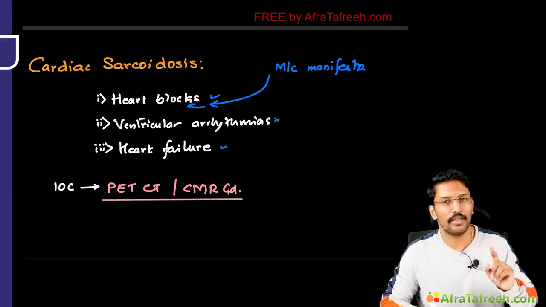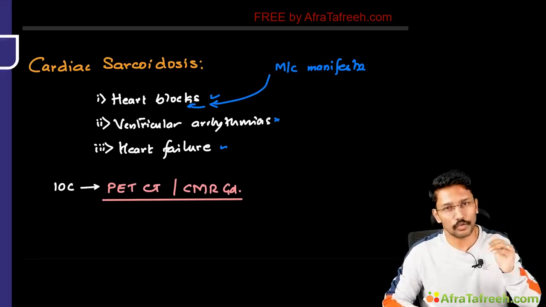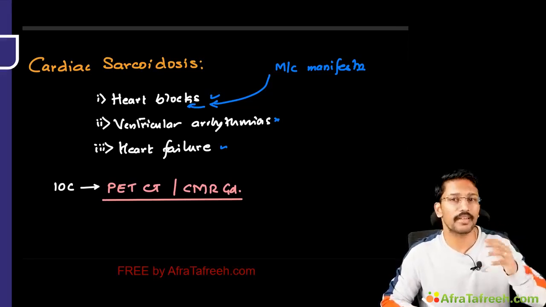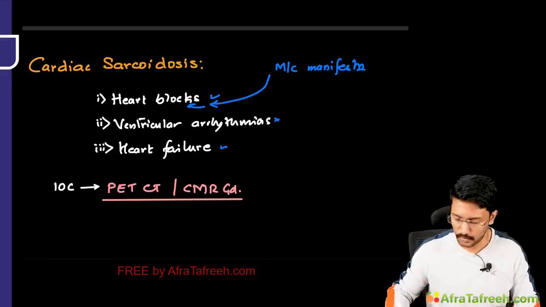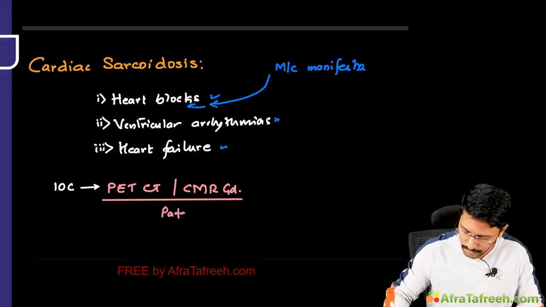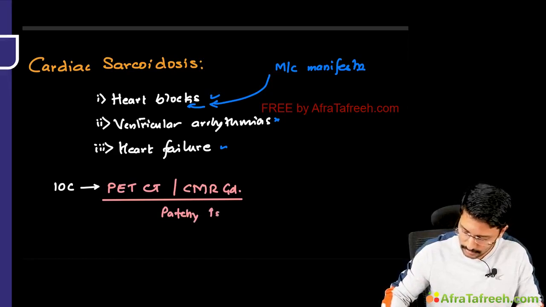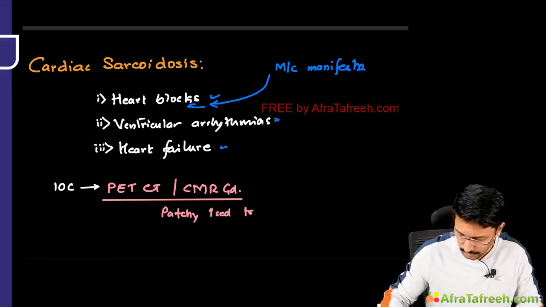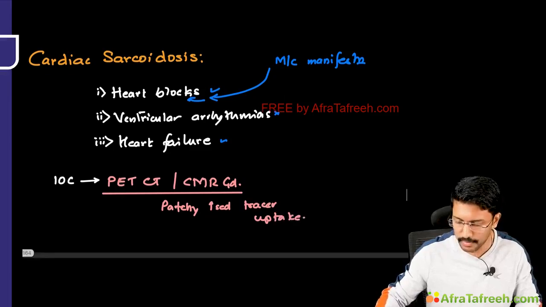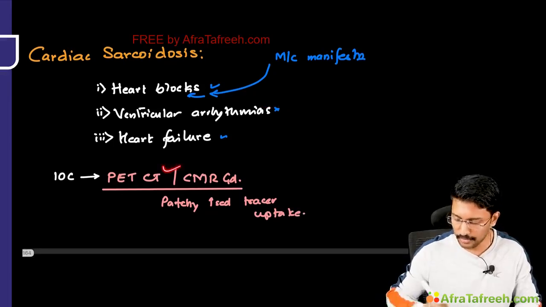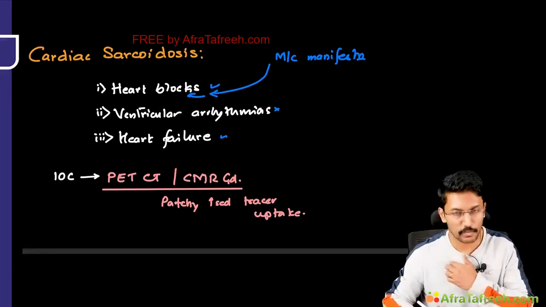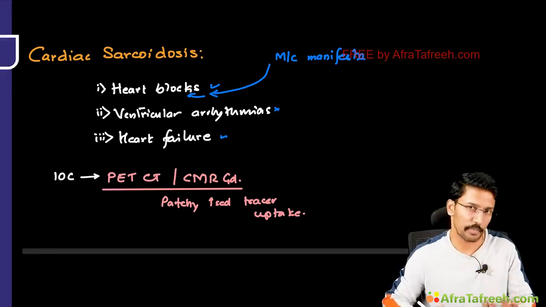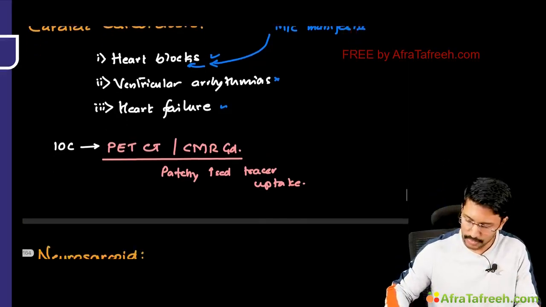There are multiple areas of granulomas which are inflammatory, so they are metabolically active, so they will have tracer uptake more than the surrounding tissue where granulomas are not there. So in simple words, we will see patchy increase in tracer uptake in the myocardium. That is what we will be seeing on the cardiac MR or PET-CT. That's how we would diagnose. Obviously, cardiac biopsy is not feasible or not considered an important choice. So this is about cardiac sarcoidosis.